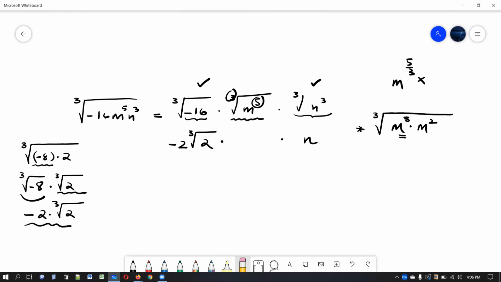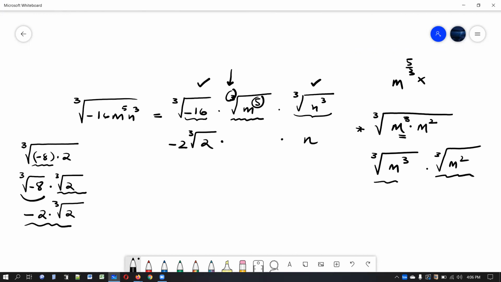Okay, so you always have to break this value in such a way that one of the numbers, the highest number, is divisible by the index, which in this case is 3. So I have the cubic root of m to the 3 times the cubic root of m squared. There's nothing I can do here, but this one is identical to the n to the 3.